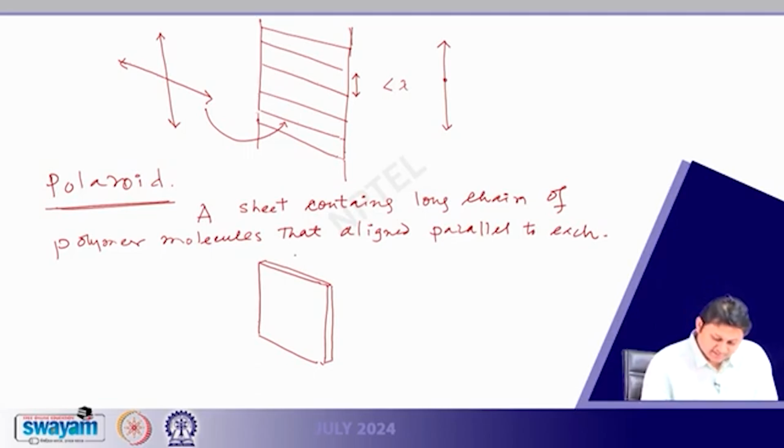So, the pass axis is accordingly defined, and that is the direction along which the light is polarized.